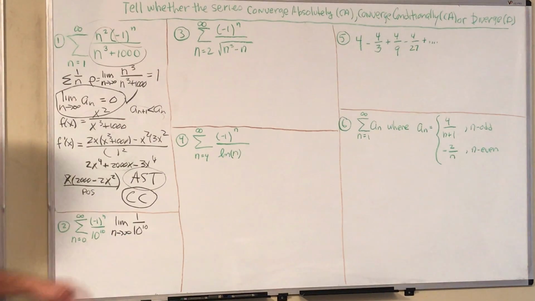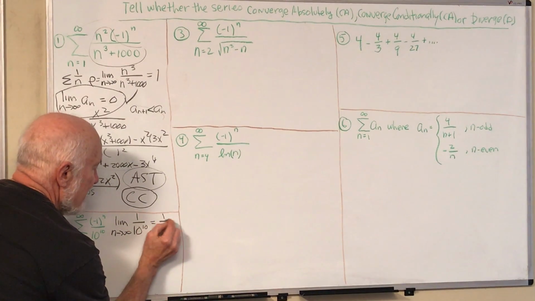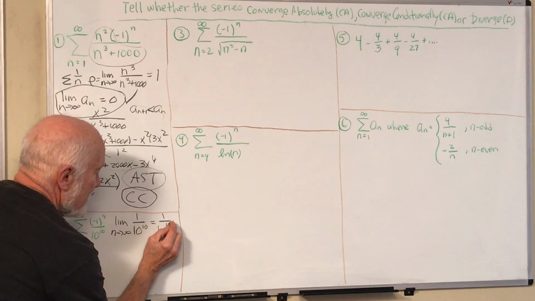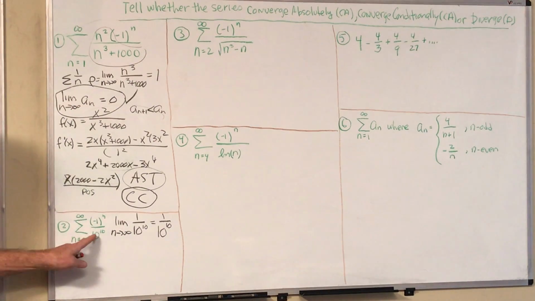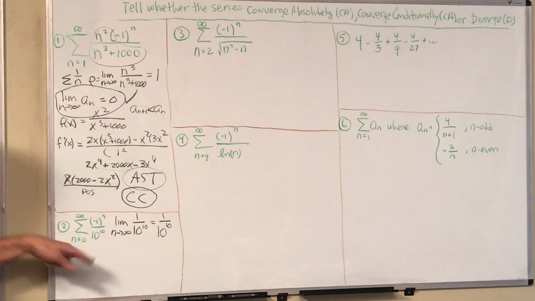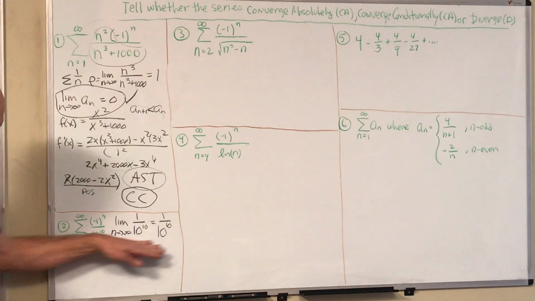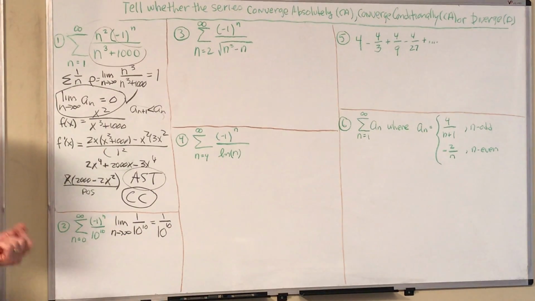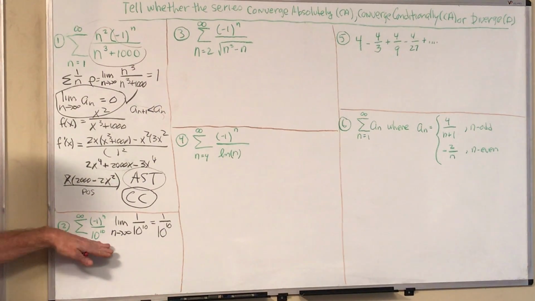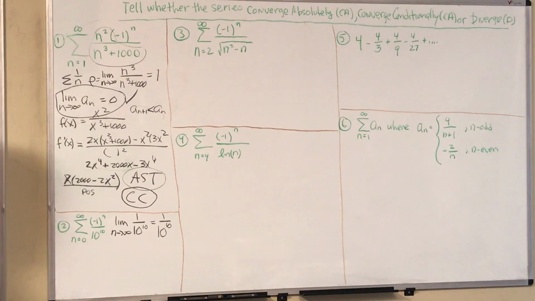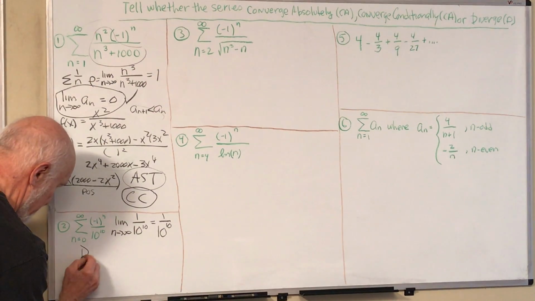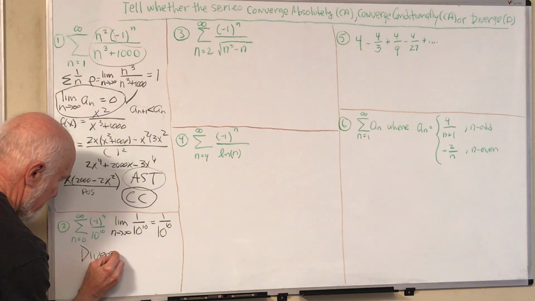Even though that's a really small number, it's not 0. So what you're going to be doing is adding up terms that never really go to 0. And even though they alternate, you're never going to get convergence. So you can say right away that this one diverges.